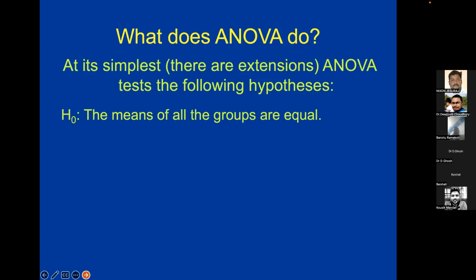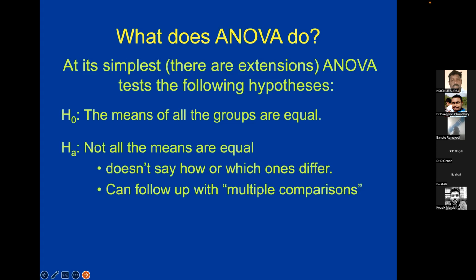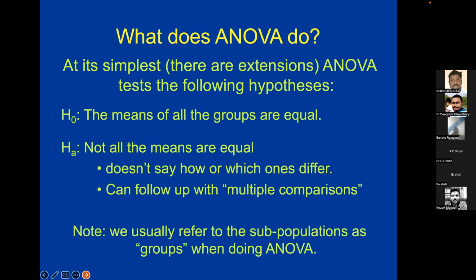So see here, the means of all the groups are equal. Now, the alternative hypothesis: generally we do not write the alternative hypothesis. Not all the means are equal. It doesn't say how or which ones differ. We can follow up with multiple comparisons. We usually refer to the subpopulation as the group.